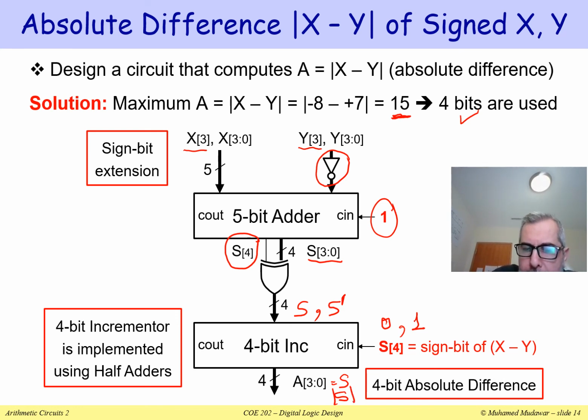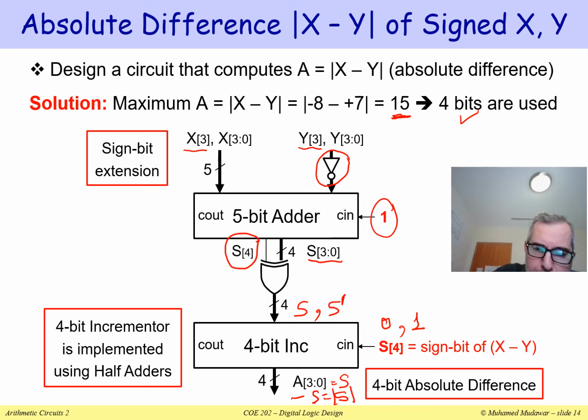So you get either S or minus S, which is equal to the absolute value of S if S is negative. If S is positive, you get S. If S is negative, you get the negative of S to convert it to positive, and this is the absolute value. So to calculate the negative, I have to invert S and then add 1. This will be the 2's complement of S.